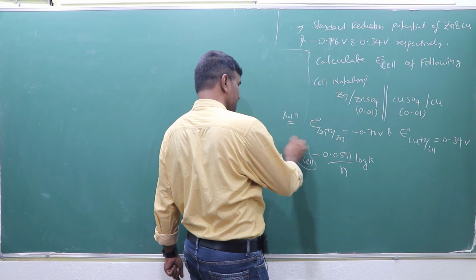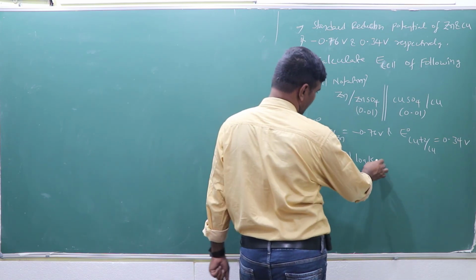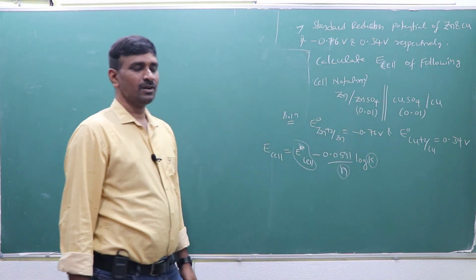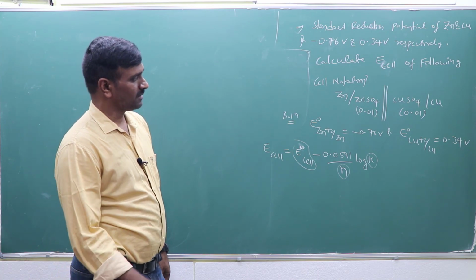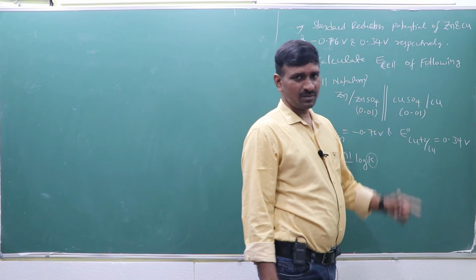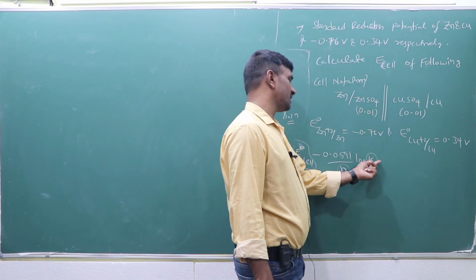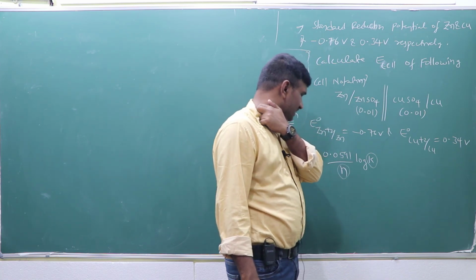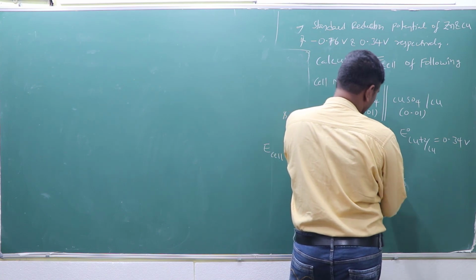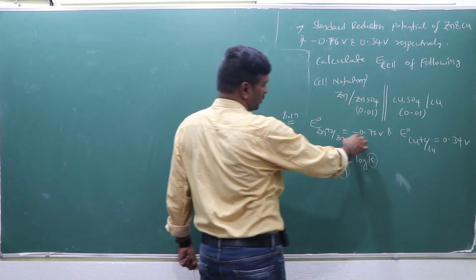You have to calculate it first, then N, the number of electrons transferred, and K, the equilibrium constant, the reaction quotient. K is the product's concentration by the reactant's concentration. So now in this case K is equal to products by the reactants.